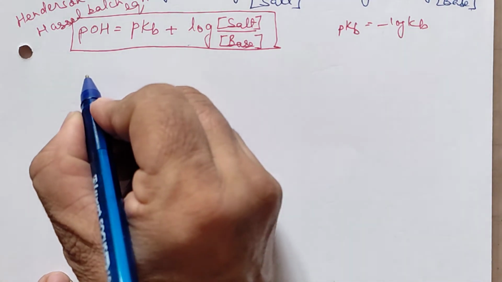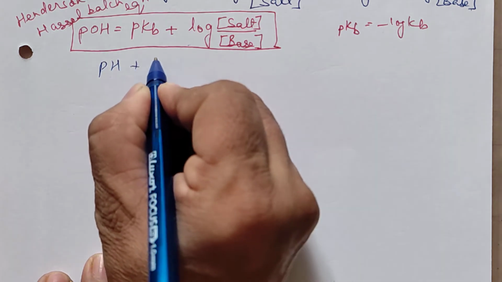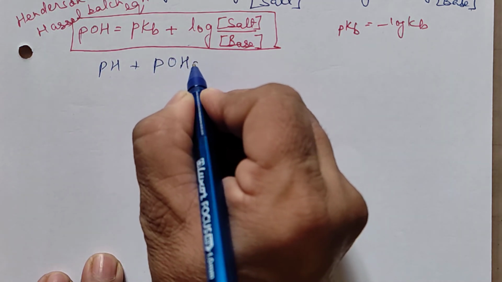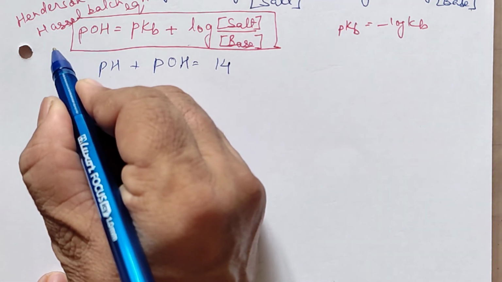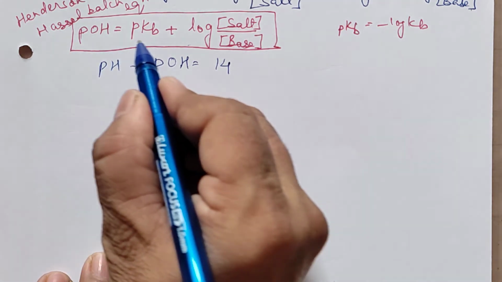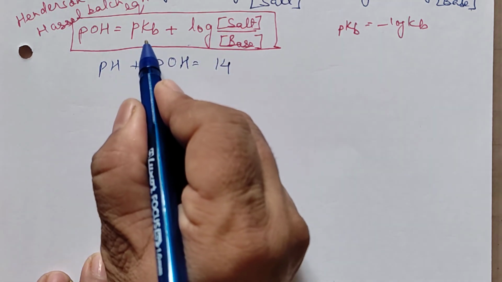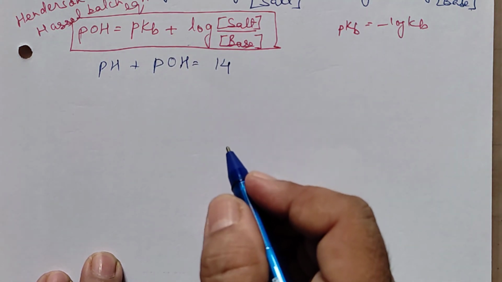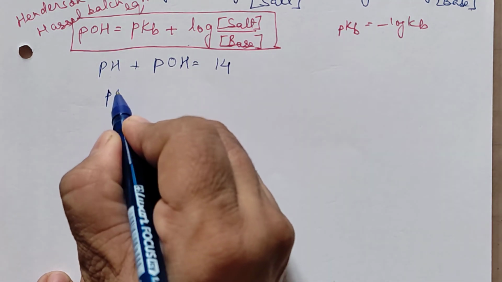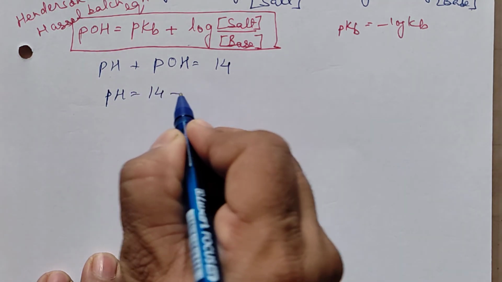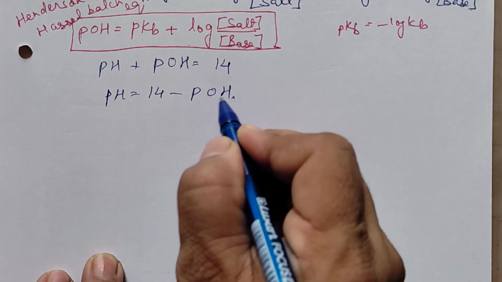Here, what we know is pH plus pOH is equal to 14. So what you can do is calculate pOH by putting in all the concentrations and the pKb or whatever Kb value is given to you, and after that you can calculate pH. pH will be equal to 14 minus pOH.